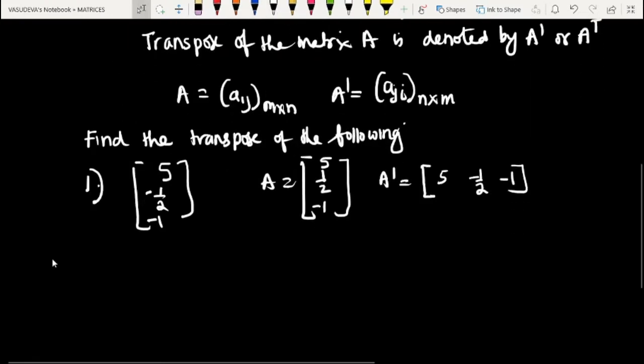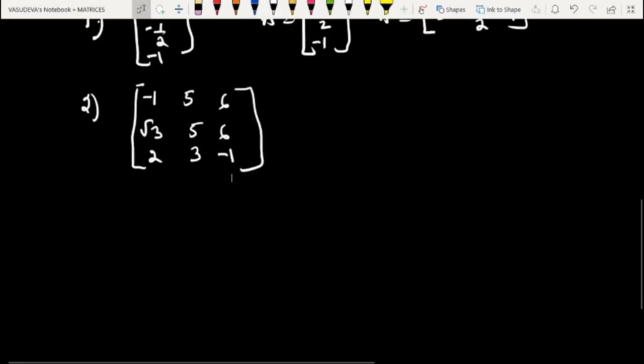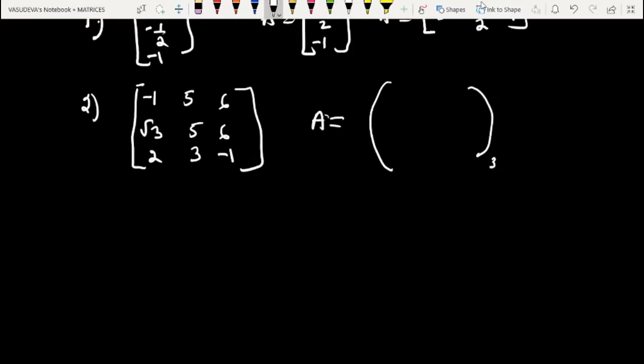ಹಾಗೆ suppose another problem, ಈಗ matrix ಅನ್ನ 3 by 3 matrix ತಗೊಳ್ಳೋಣ. 1 minus 1 5 6 root 3 5 6, 2 3 minus 1. So if we take this as a matrix A, the 3 by 3 matrix, it's a given matrix.